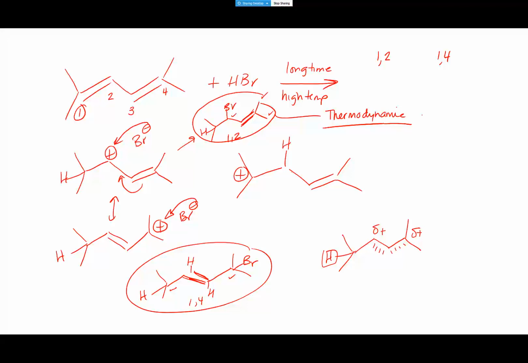So the kinetic product is going to be the one that came from the more stable intermediate, and that's going to be this one. Whichever way you want to do it, that's fine. The thing to remember is, where's the bromine? Wherever the bromine ends up, that was the carbocation.